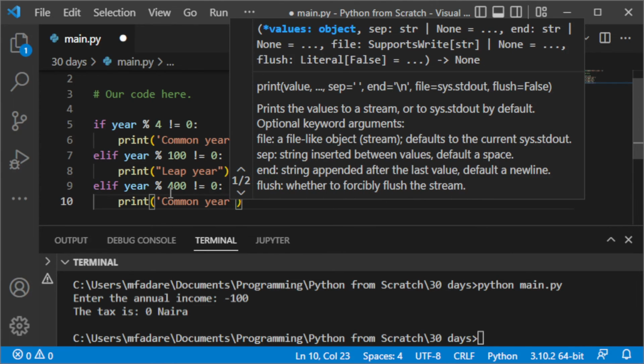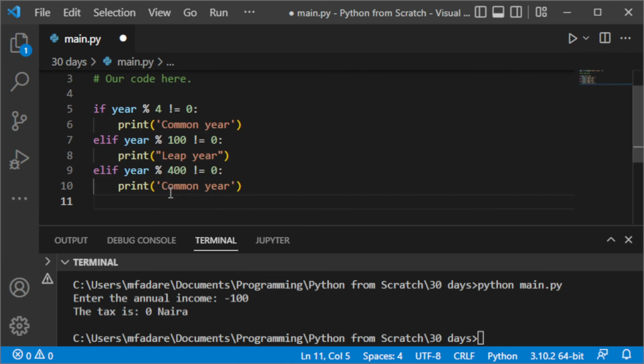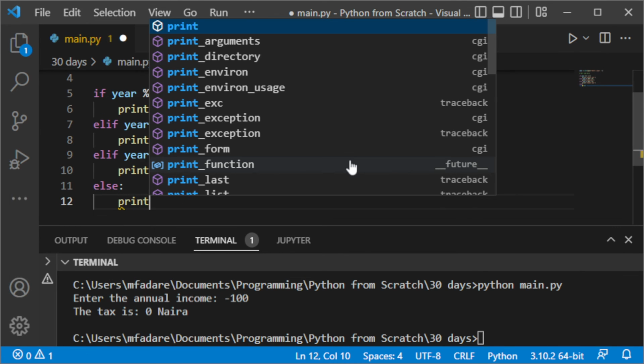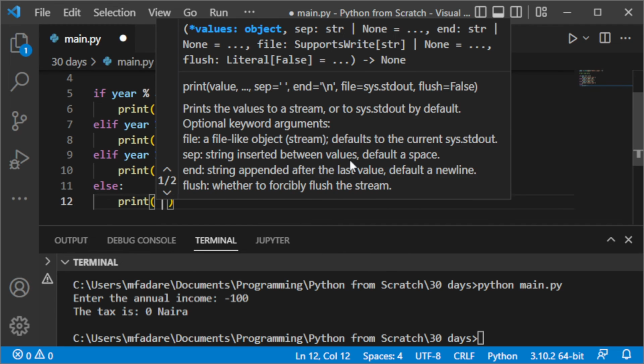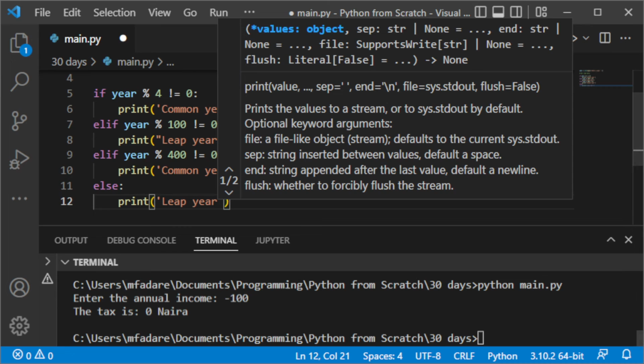Okay. Otherwise, just print a leap year. That's what the question says. Else, print leap year. Okay, so I think that's okay.